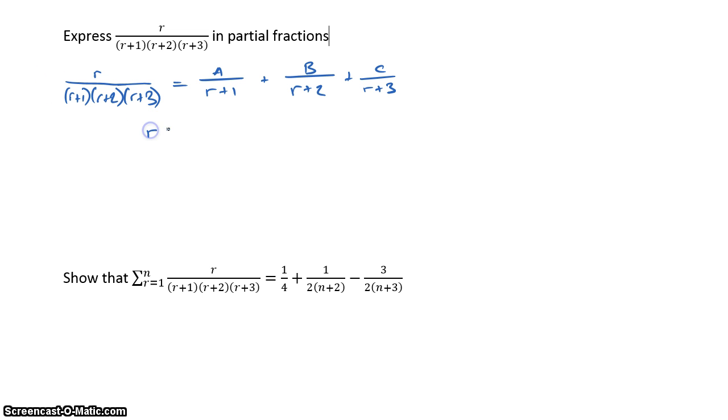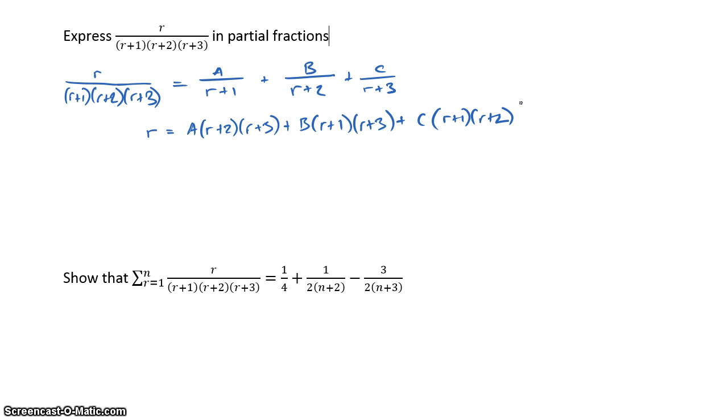That tells me that r is equal to a times (r plus 2)(r plus 3), since the r plus 1 term would cancel out, plus b times (r plus 1)(r plus 3), since the r plus 2 term would cancel, plus c times (r plus 1)(r plus 2).